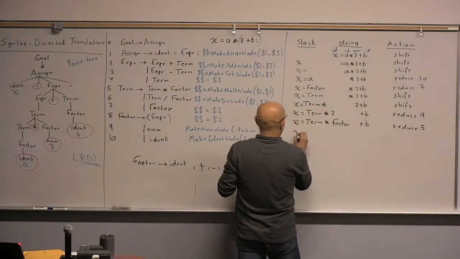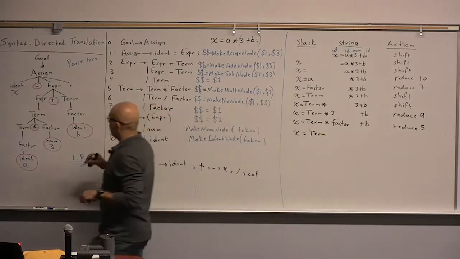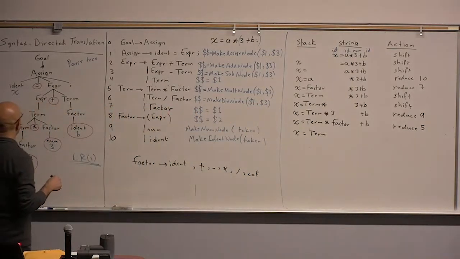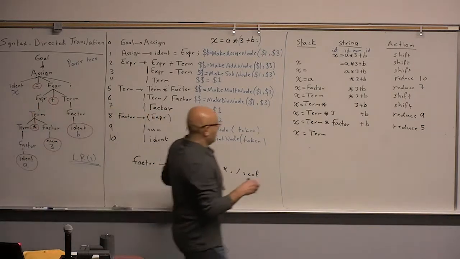So this is going to be x equals term times factor. It gets reduced to a term, and this term will get reduced to an expression.